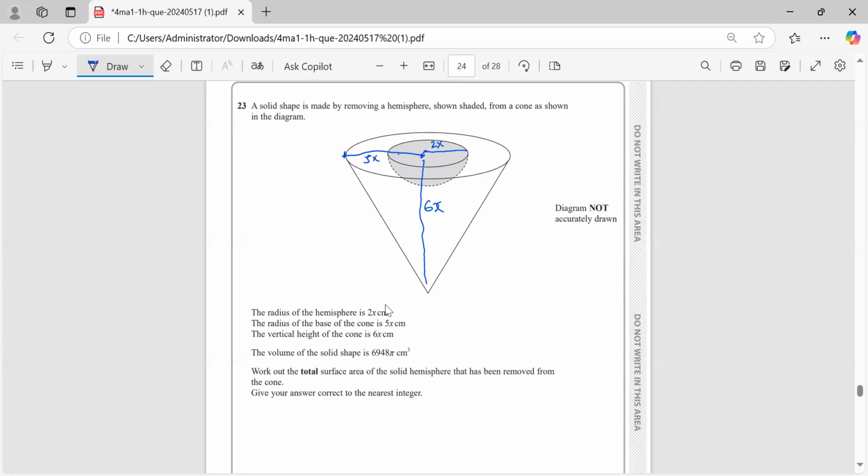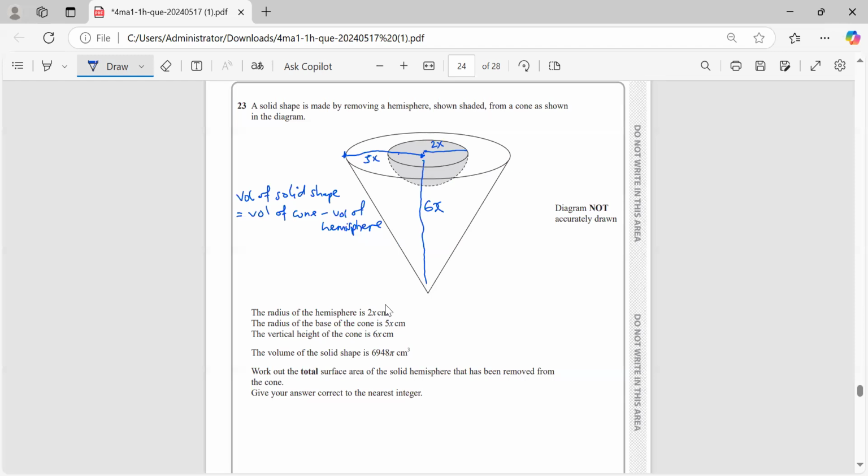So in other words, to come up with the volume of the solid shape, it's just equal to the volume of the cone minus the volume of the hemisphere, which is half a sphere, right? Half a sphere.